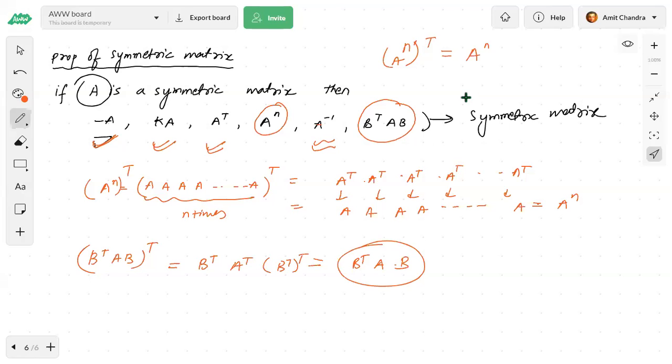So this was the symmetric matrix. Let's see the properties of a skew symmetric matrix, something similar to these.